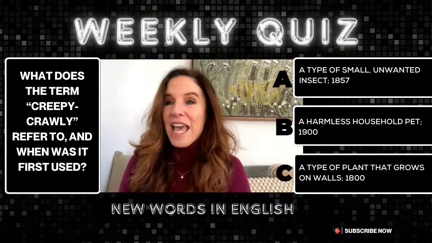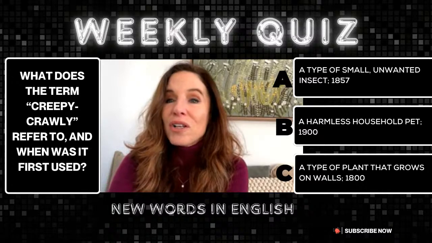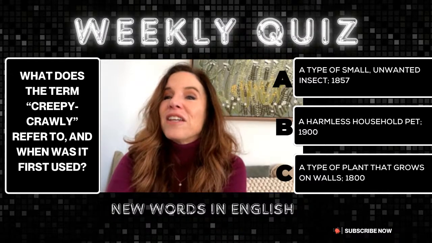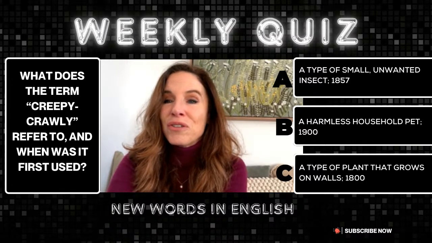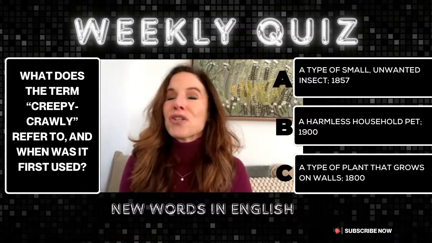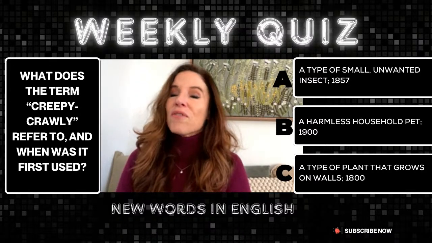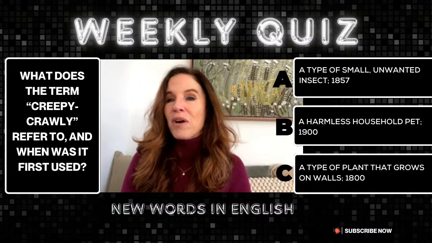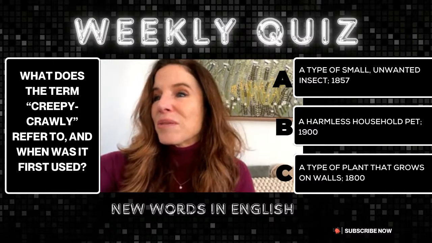The answer is a type of small unwanted insect, and it was first found in print in 1857, but it took till 2024 for it to be included into the American dictionary, Webster's.